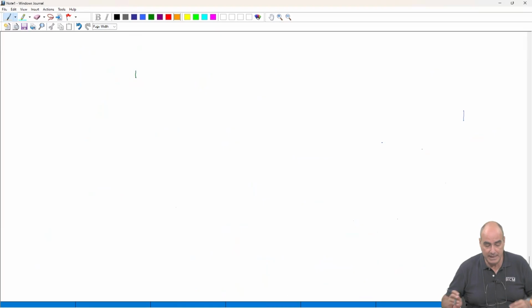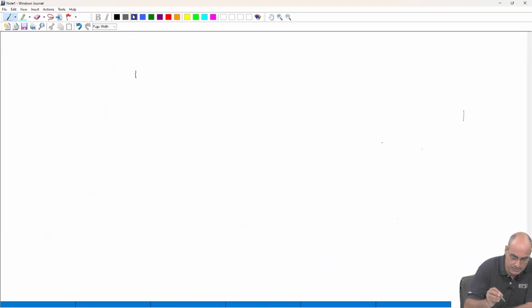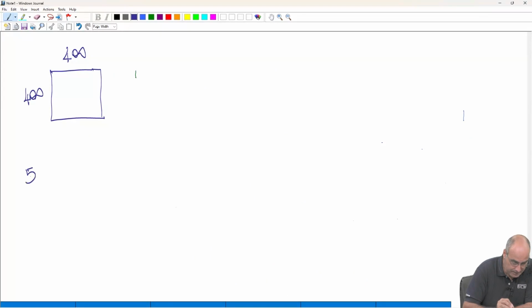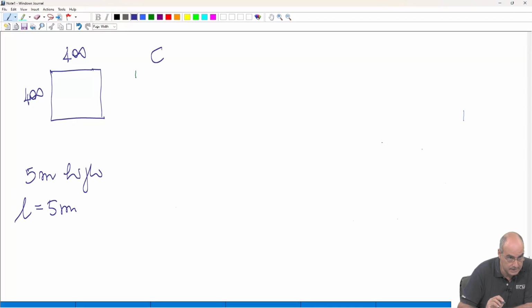So let us imagine that we do have a 400 by 400 millimeter column, 5 meter high, so L is equal to 5 meters. And we have, let's say, C60 concrete.